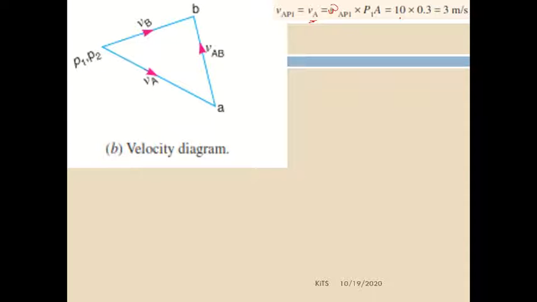Now we have to draw the velocity diagram. Put the title as velocity diagram. So first we have to write the scale value. Wait, let me erase it and write it properly.